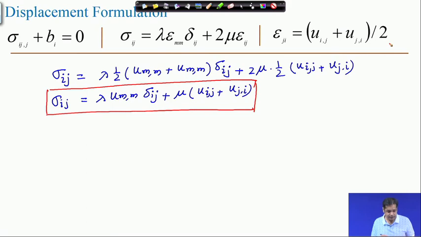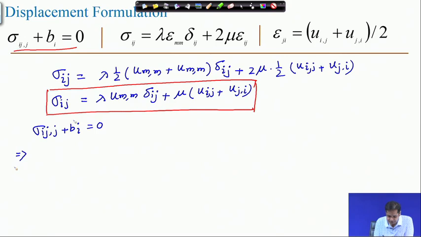Now, next we substitute this expression for sigma ij into the equilibrium equation. The equation is sigma ij comma j plus b i is equal to 0.